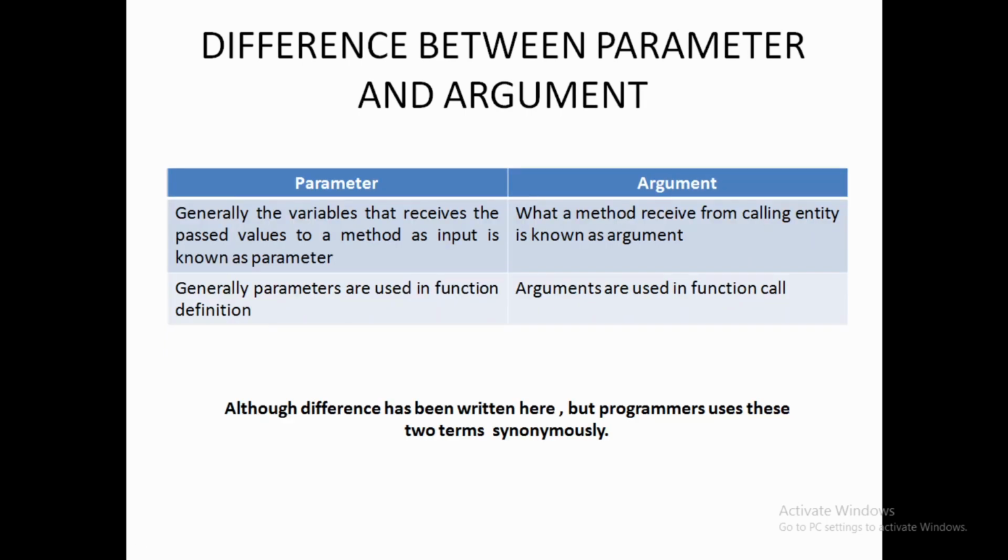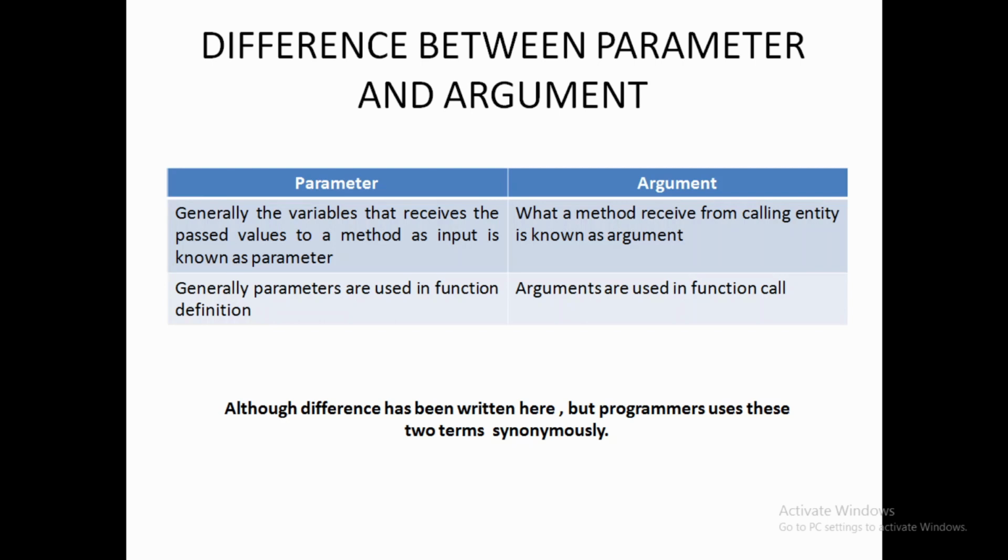Now here I have shown the difference between parameter and argument. Although in most of the literature and the programmers use these two terms synonymously, but often the question comes in ICSE question papers, the difference between parameters and argument.